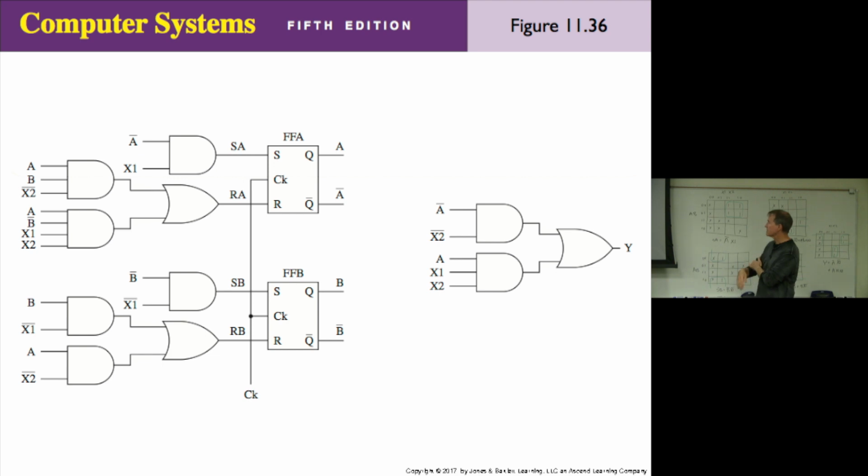So there it is, figure 11.35. This is abbreviated, but I assume you understand that because we have a B bar going into this AND gate that feeds into the S input of flip-flop B, this B bar would actually be taken from the Q bar here if we didn't abbreviate the diagram.